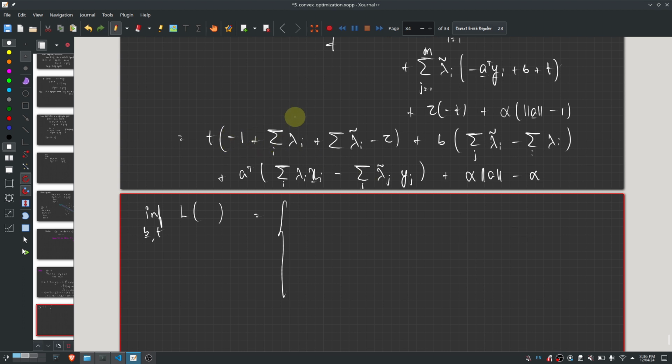So now, when is the minimum with respect to B and T finite? I want to do it in steps, right? Because these are affine functions of B and T, but it is some other convex function of A. So what is the minimum equal to with respect to only B and T?